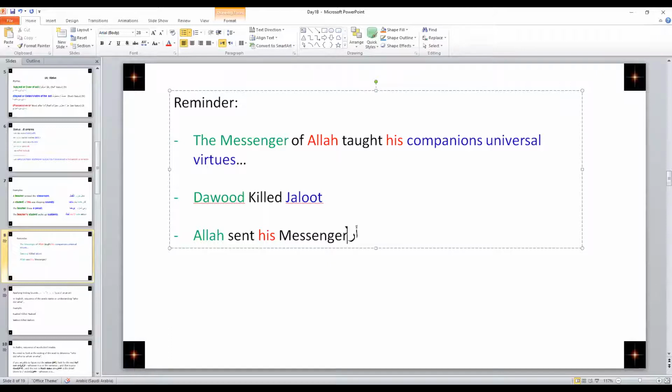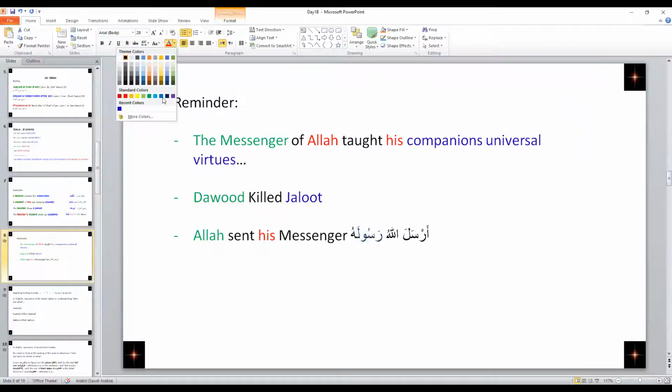You will say, Arsalallahu Rasula. So you have the Rasula, and then who? So in this case, very easily, this Rasula is the one that received the action, so it will be blue.